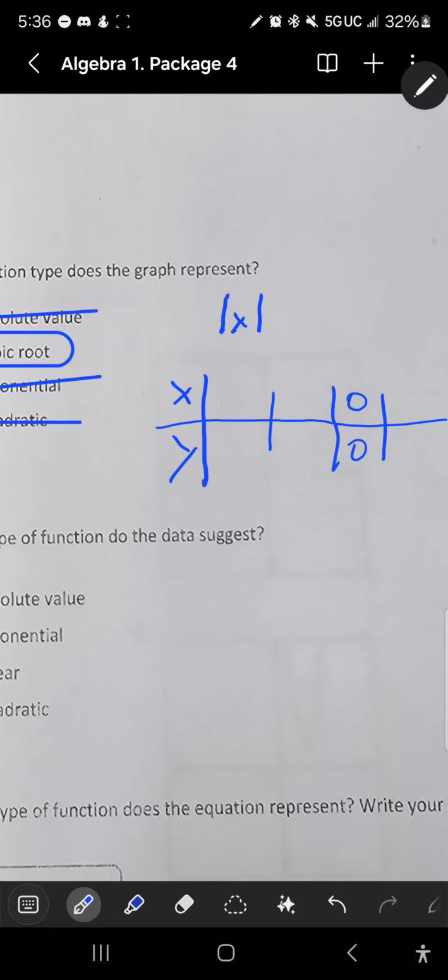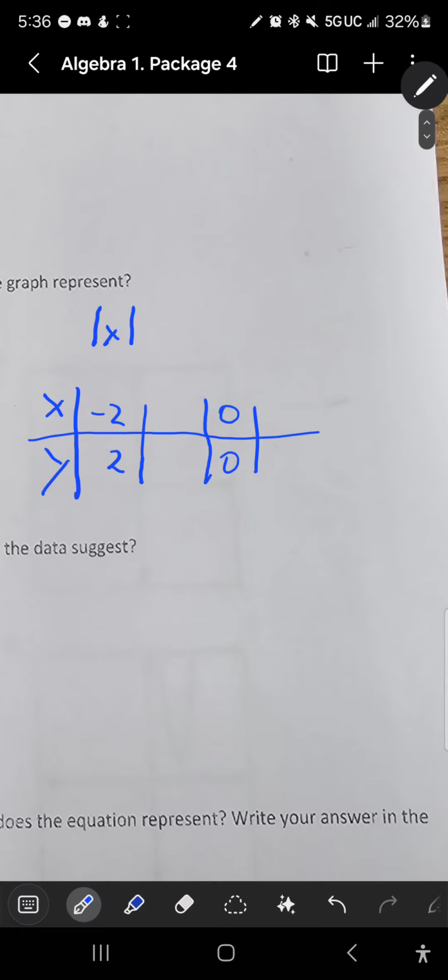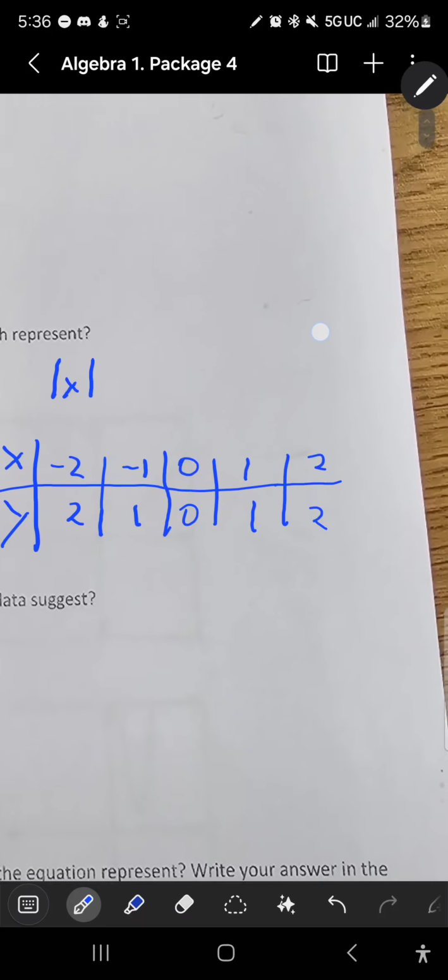Now, when x equals -2, the absolute value of -2 is 2, because the absolute value is just the answer in positive. When x is -1, the absolute value is 1. When x is 1, we just keep the 1 positive, and when x is 2, we just keep the 2 positive.